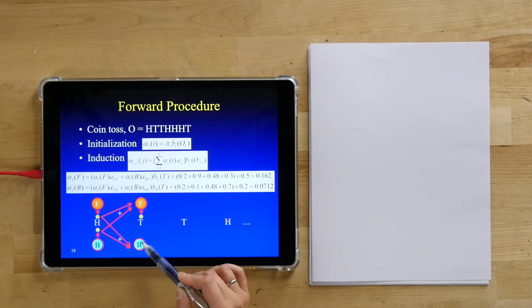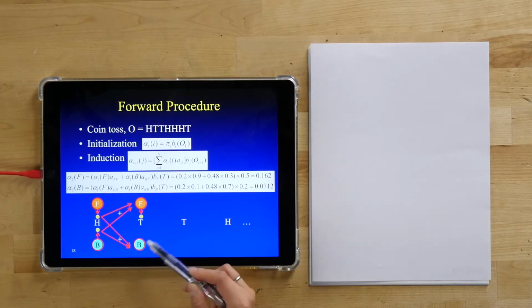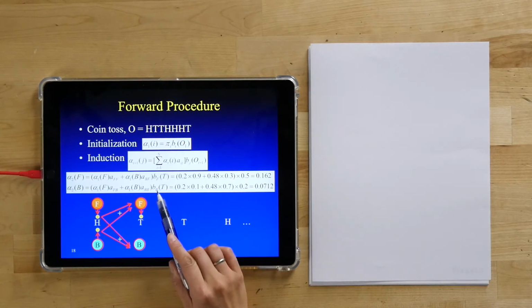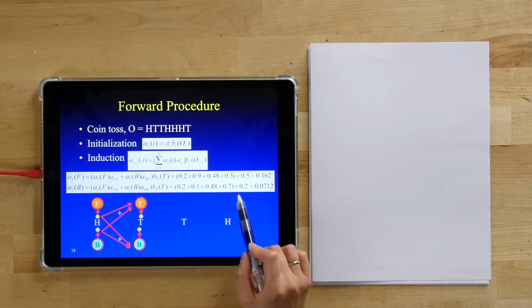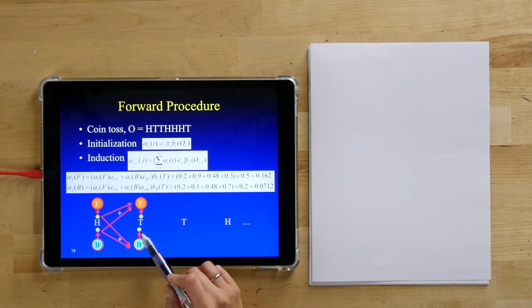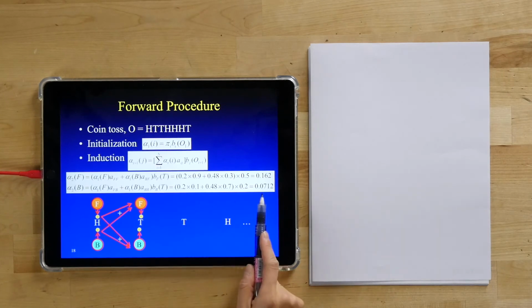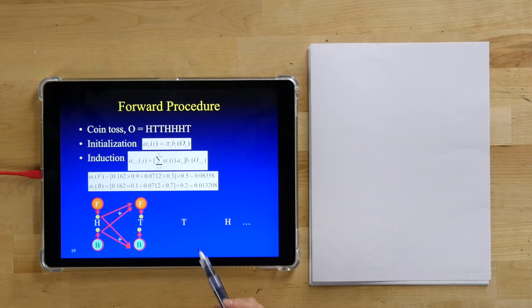And so this probability is now, I'm using the bias coin. But then from the bias coin, I also need to give out a head. And so I multiply that by the emission probability of giving a head from a bias coin. And so you multiply this probability together, you get a number. And so we can continue this process.